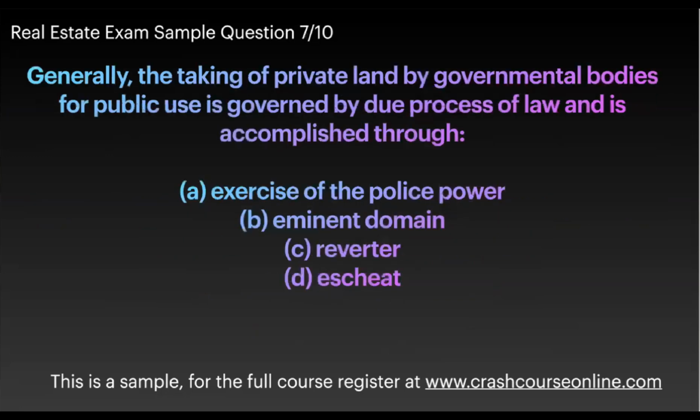Question 7 says, generally, the taking of private land by governmental bodies for public use is governed by due process of law and is accomplished through which of these? So the government has this crazy right to take private property for some public use.